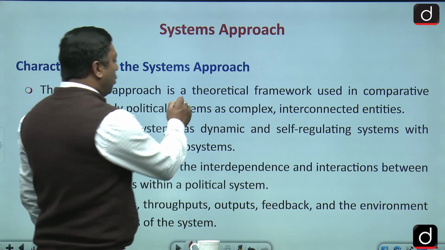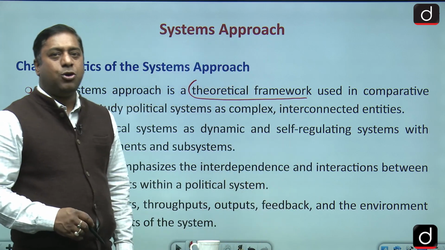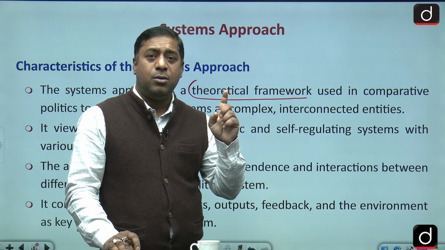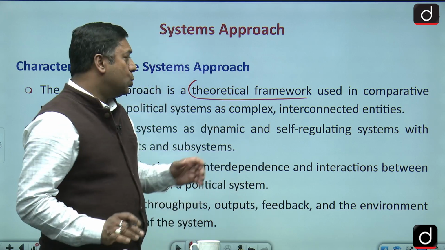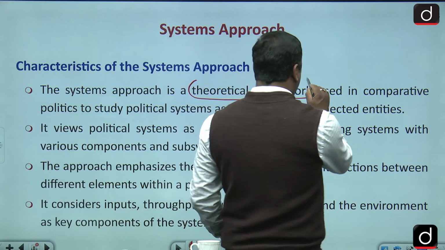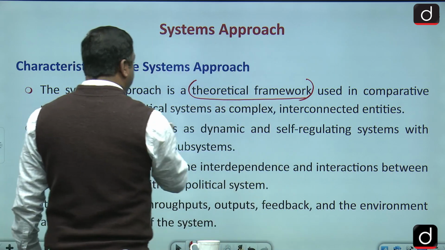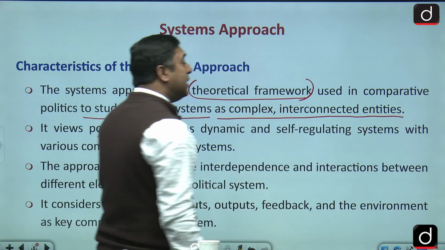The systems approach is a theoretical framework, just like the institutional approach. It is a theoretical framework used in comparative politics to study political systems as complex, interconnected entities.